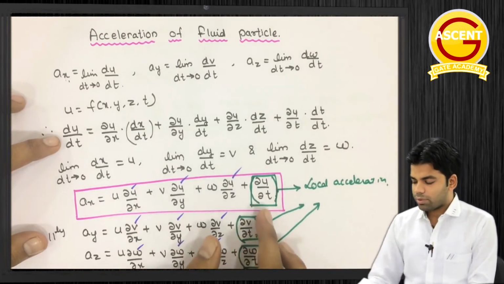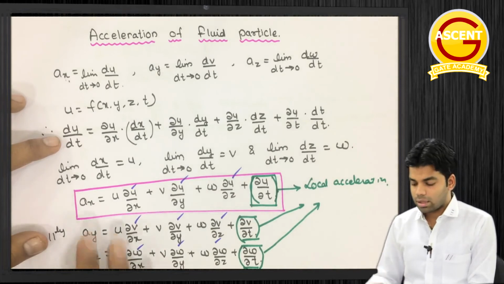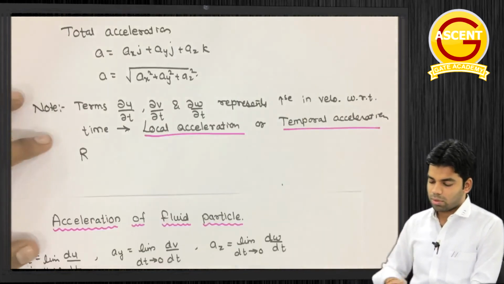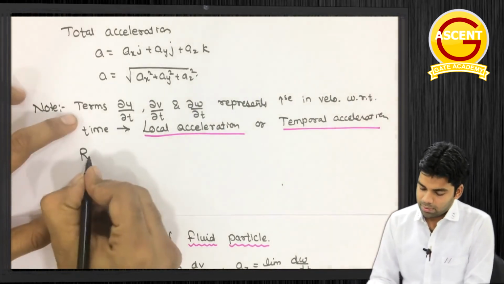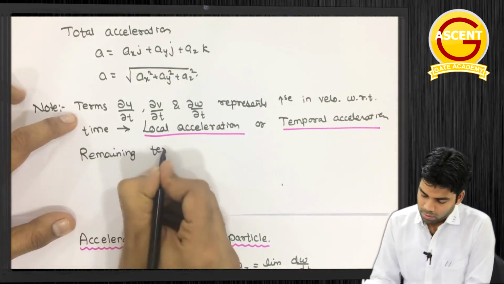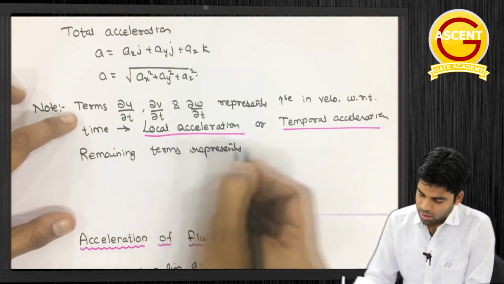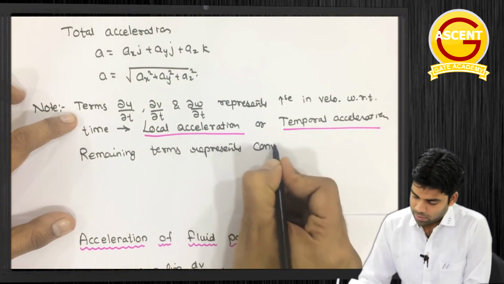The change in velocity with respect to time is local acceleration. The change in velocity with respect to space coordinate is convective acceleration. So the remaining terms represent convective acceleration.